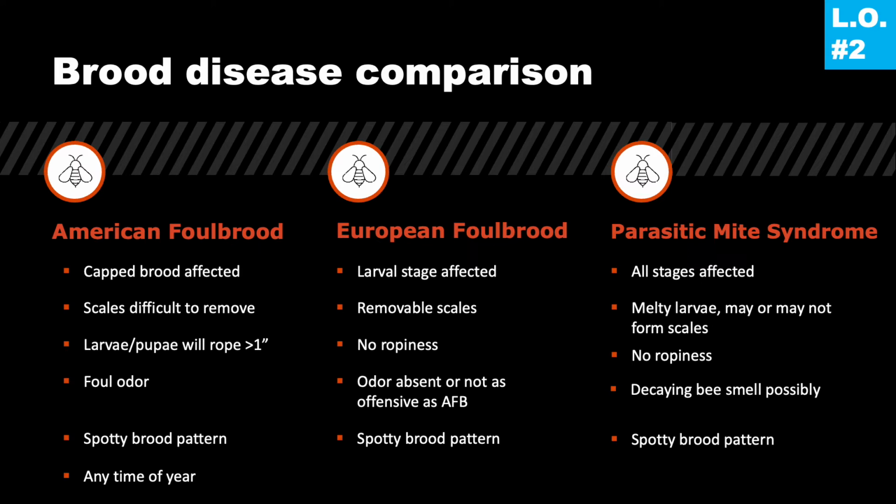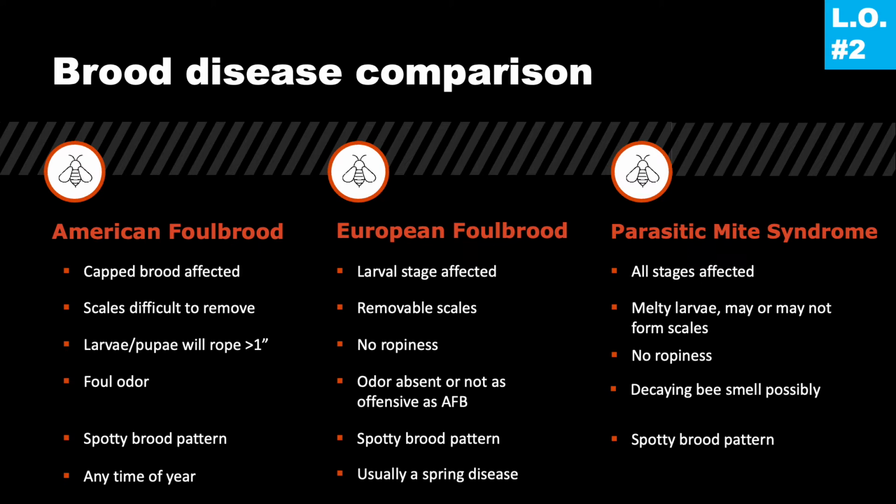And last, the appearance of these diseases: we typically see American foul brood any time of the year. That is because this is a spore-forming disease, and the infection can reoccur at any time.